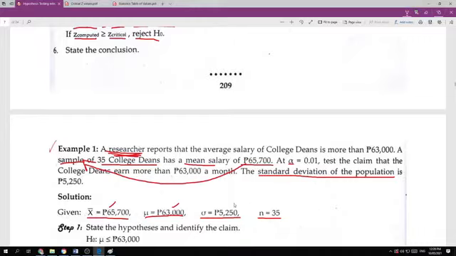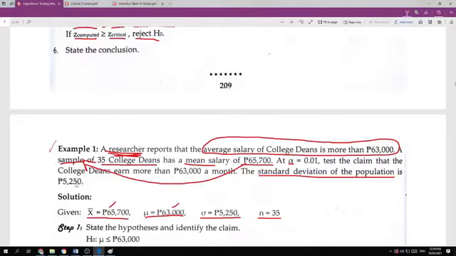What is the claim here? The claim is this one. So this is now the claim that the college deans earn more than 63,000 a month.